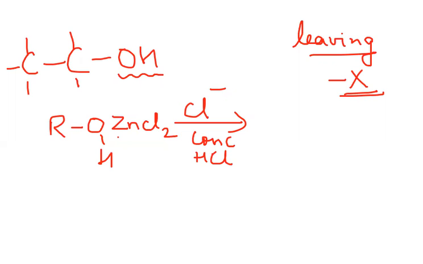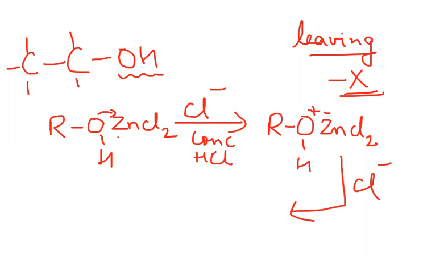So it is first going to complex and form this compound, and because it is ready to accept the electrons from the oxygen in its empty orbitals, you get an R, O, and an H, which develops a positive charge, and ZnCl2 attaching itself here develops a negative charge. In the presence of the Cl minus this further changes into RCl, and it is going to form ZnCl2OH, a complex compound.